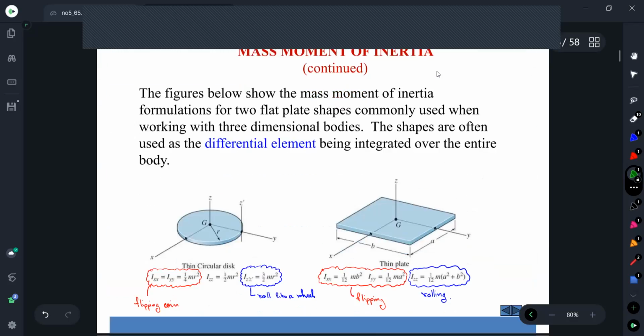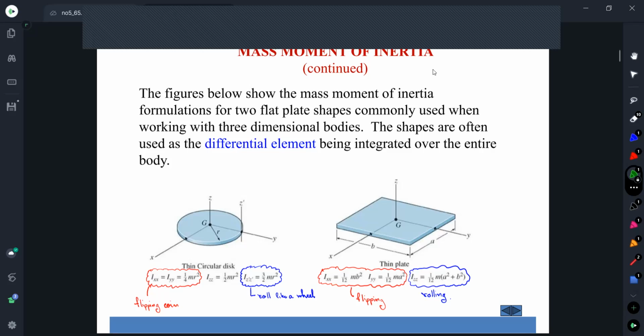As shown in this figure, the figures below show the mass moment of inertia formulas for two flat plate shapes commonly used when working with three-dimensional bodies. On the left-hand side is the thin circular dish.